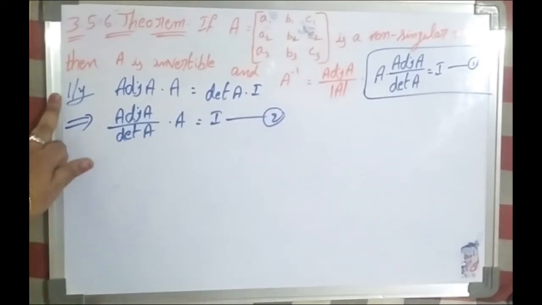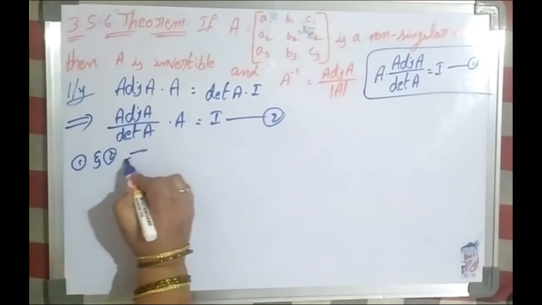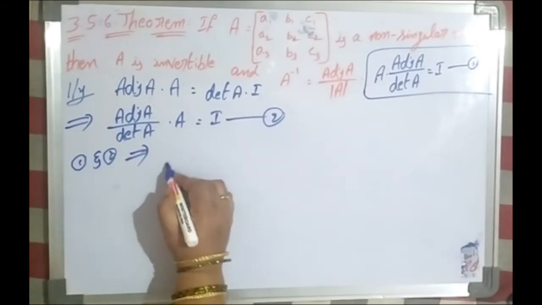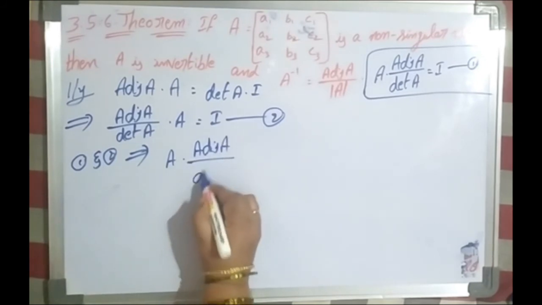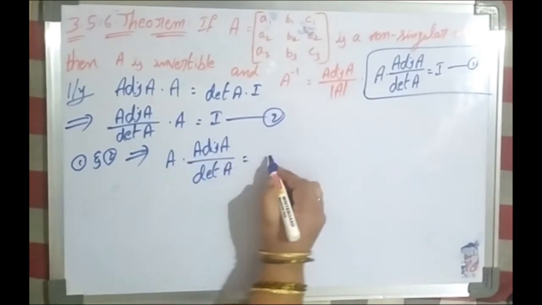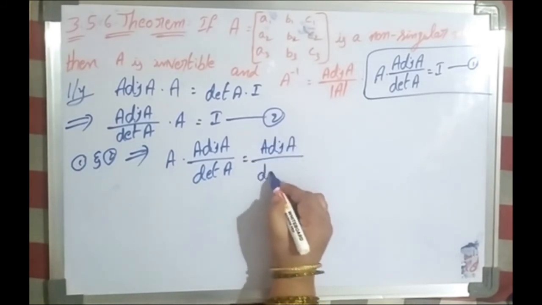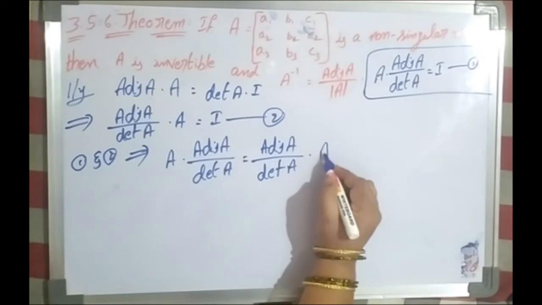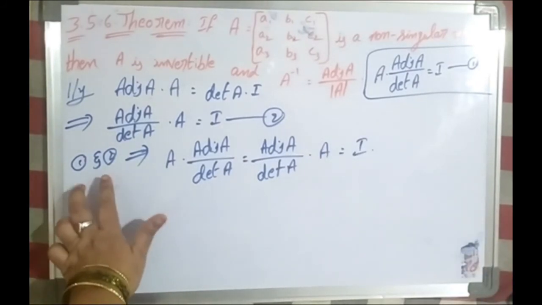This is a similar term. By the same process of the above multiplication, we can write similarly. Then from equations 1 and 2, we can derive that A into adjoint of A by det A is equal to adjoint of A by det A into A is equal to I. This can be formed by using equations 1 and 2.